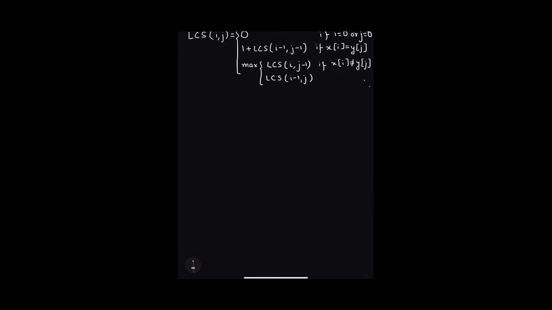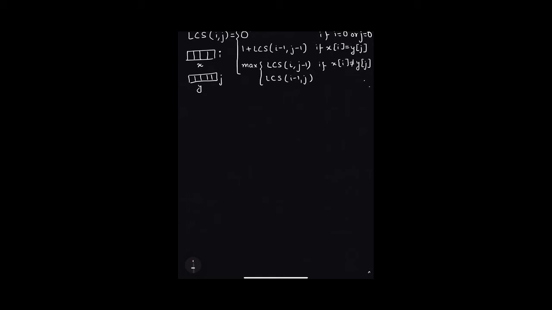To find the longest common subsequence between X and Y, we will be considering this formula, where for the string X, I'm going to consider an I variable, and for the string Y, I'm going to consider a J variable. So if the index I or J becomes 0, then the value of LCS(I, J) becomes 0.